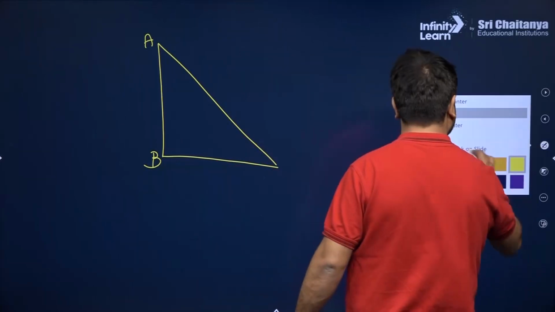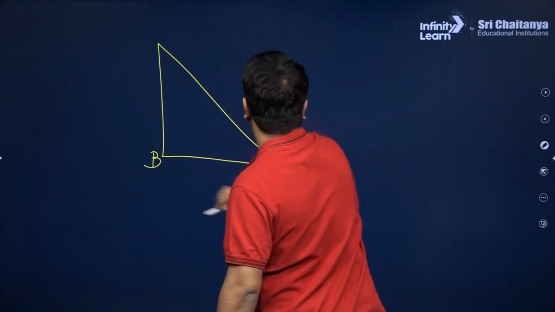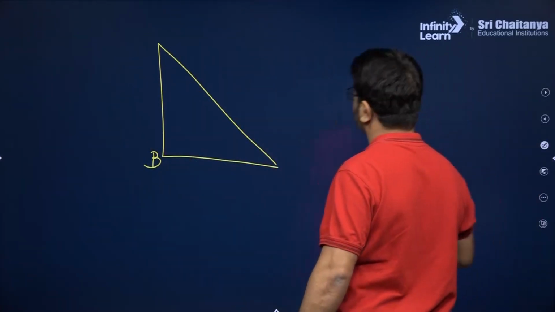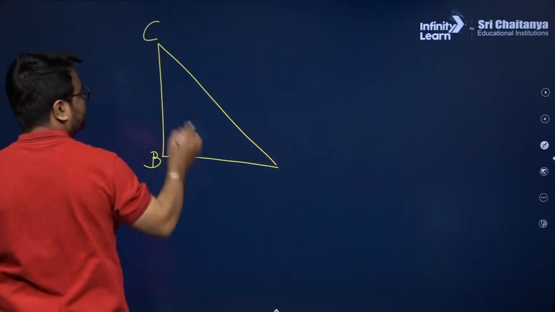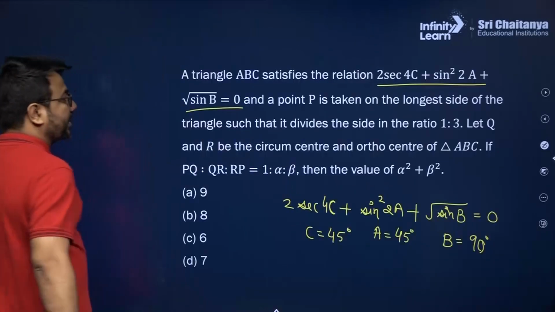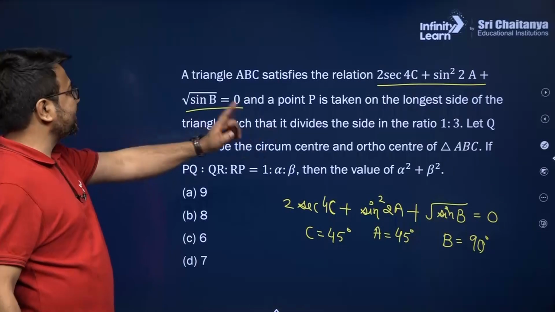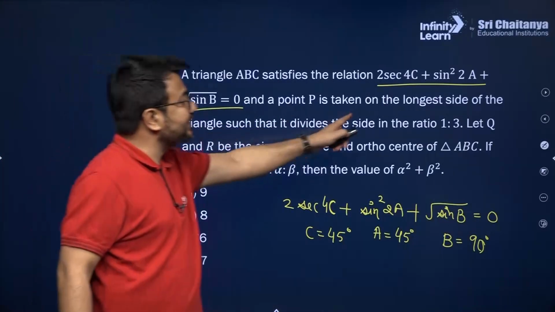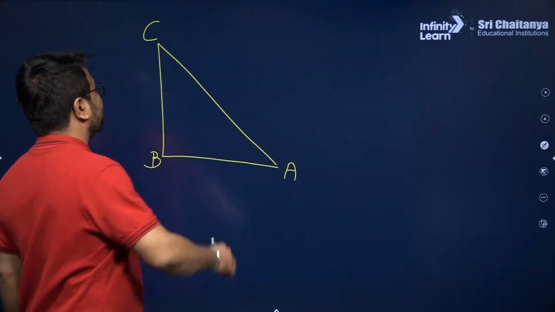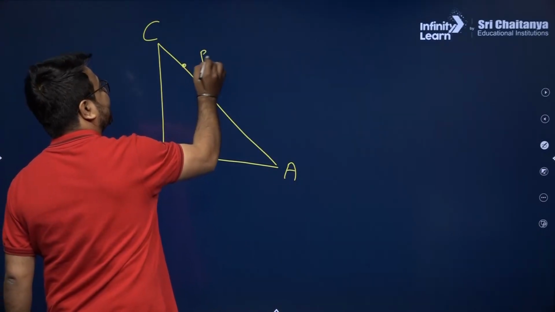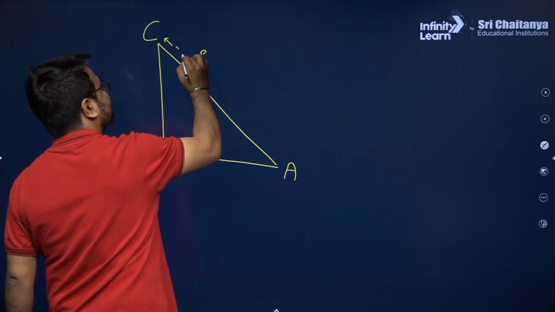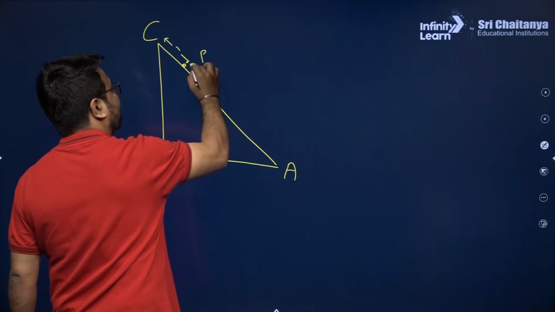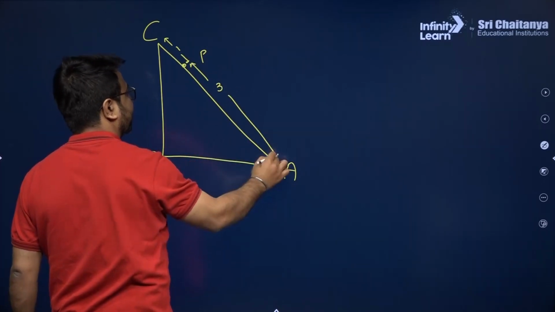We can plot C and A here just for your convenience. Alright. Now P is taken on the longest side of the triangle such that it divides the side in the ratio 1:3. So here P is taken and the ratio in which P is dividing is 1:3. I hope you are able to understand.